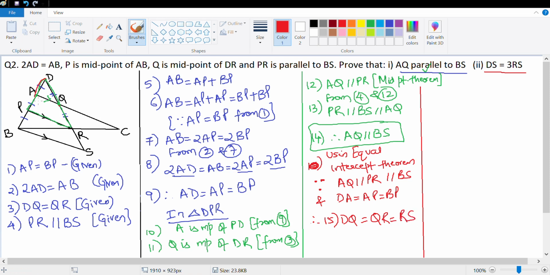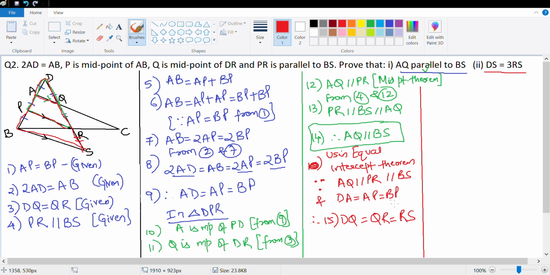So let's look at this triangle. In this triangle we have 3 parallel lines, and this transversal is making equal intercept, so it will make equal intercepts here as well. So now I can put a double line here, which means DQ, QR and RS are equal. So now I have got this.